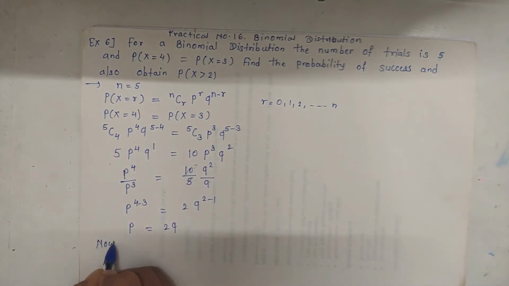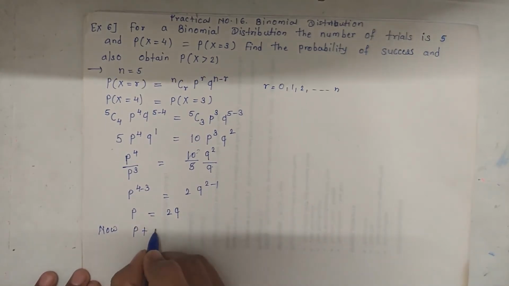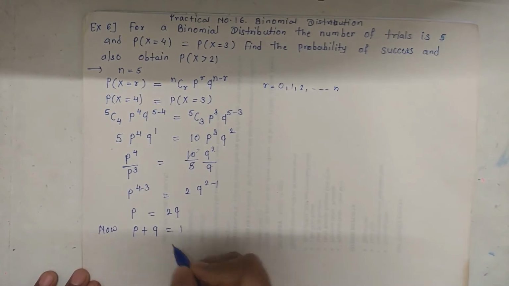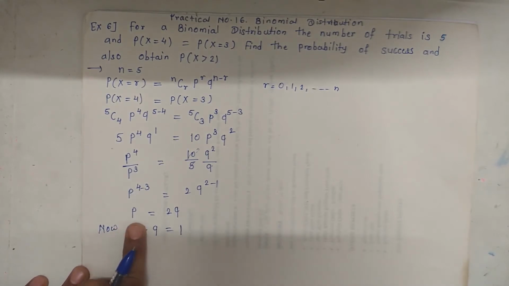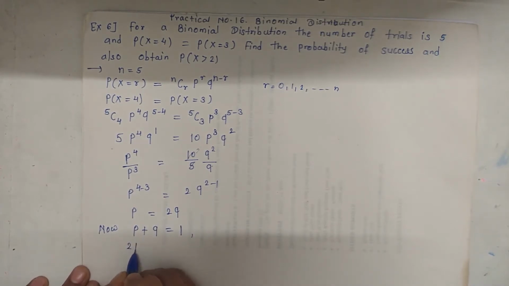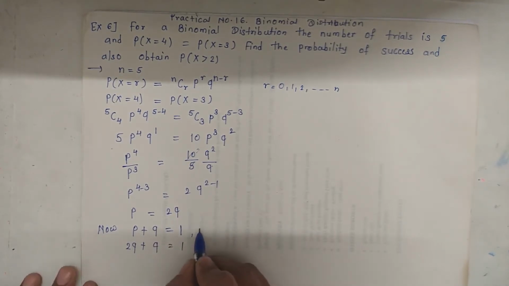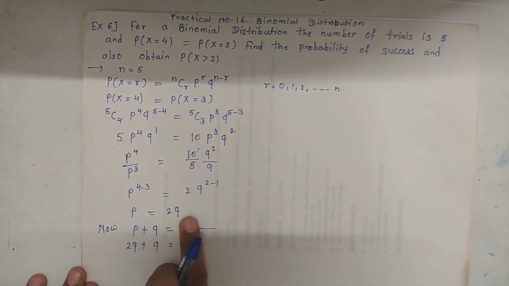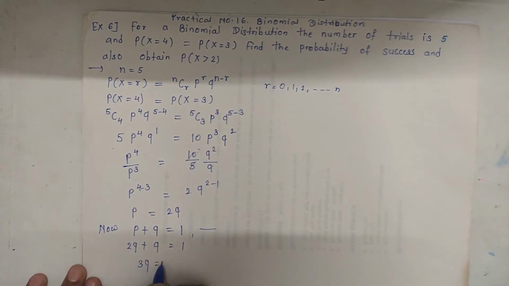So that the probability of success plus probability of failure is equal to 1. Total probability for a given binomial distribution is equal to 1. Here p is equal to 2q, so substitute the value of p. Then 2q plus q is equal to 1, that is 3q is equal to 1.